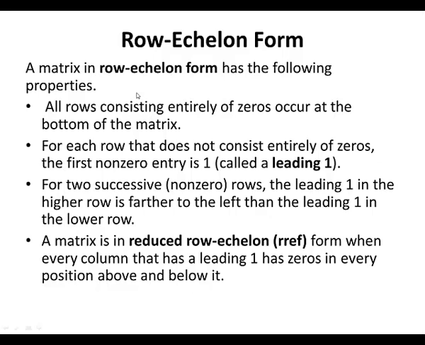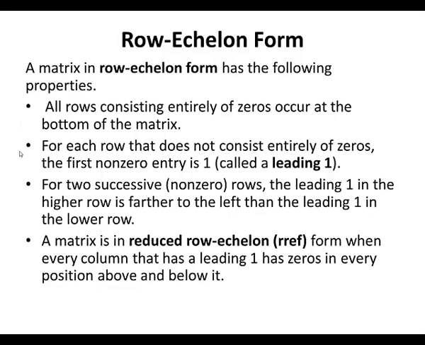Now, we say a matrix is in row-echelon form if it has the following properties. Number 1, all rows consisting entirely of zeros occur at the bottom of the matrix. So if you are solving and there is a row that consists entirely of zeros, you have to switch and send the row to the bottom.